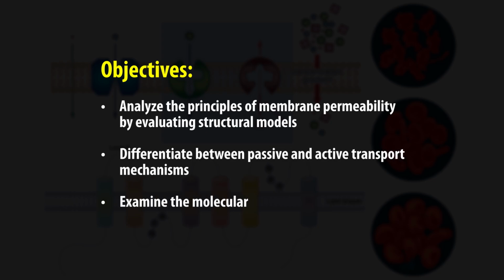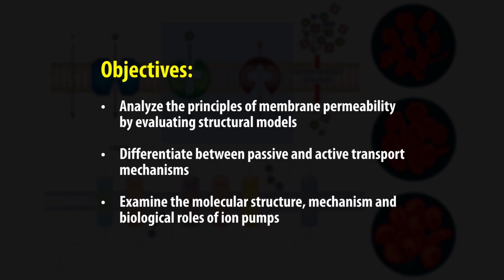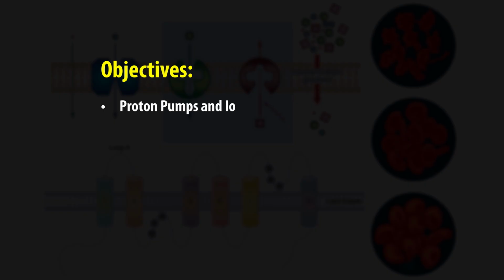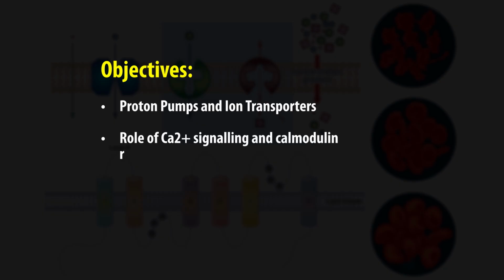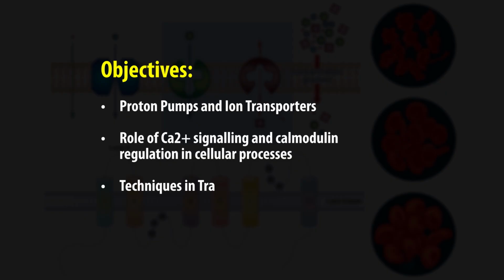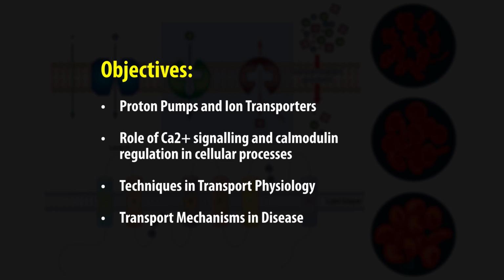Next will be to examine the molecular structure, mechanisms and biological roles of ion pumps, to evaluate proton pumps and ion transporters, to evaluate the role of calcium signaling and calmodulin regulation in cellular processes. Next would be the evaluation of techniques in transport physiology, and lastly to integrate the transport mechanism in disease contexts.